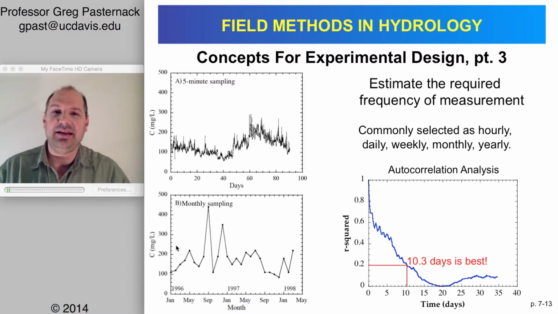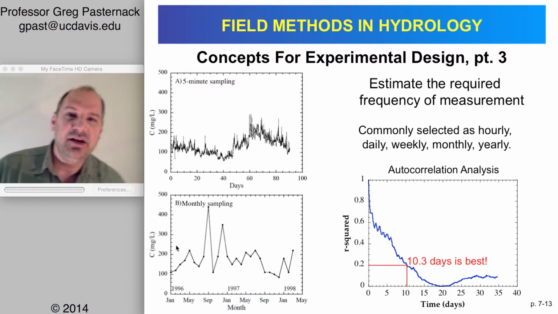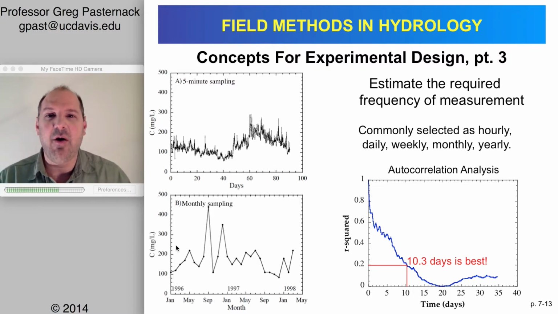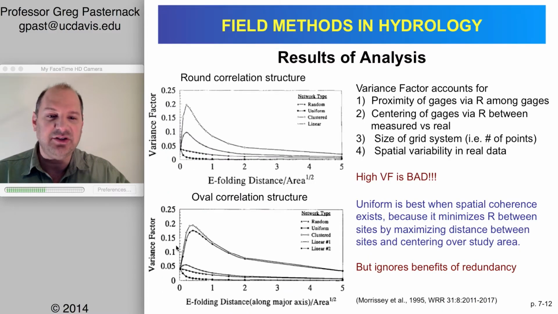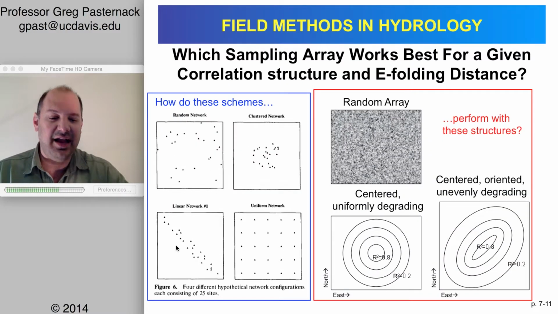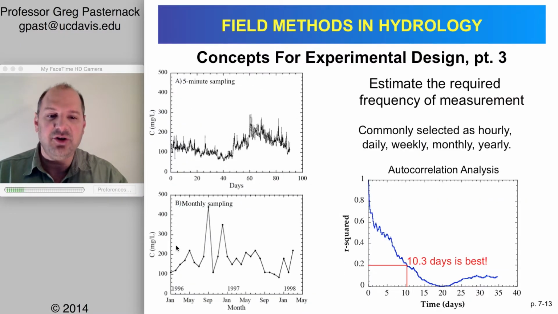Monthly sampling, definitely less than you need. So how do you decide how often you need? This relates a lot to the same kind of questions you could ask. We could work on a temporal correlation structure. And when we talk about temporal correlation structure, we do have a term for that. It's called autocorrelation.